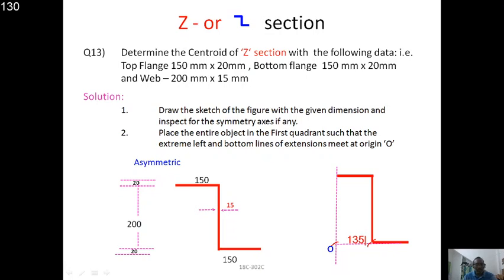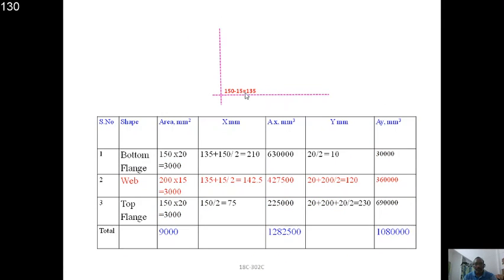Simply we subtracted 15 from the 150. This is 150 and this is 15, so that you obtain the distance. The same has been mentioned here, 135, right?